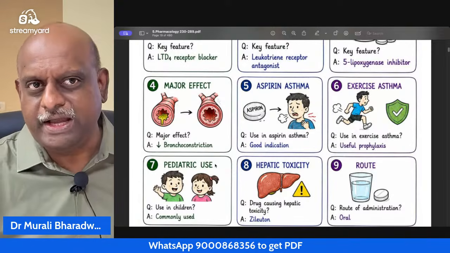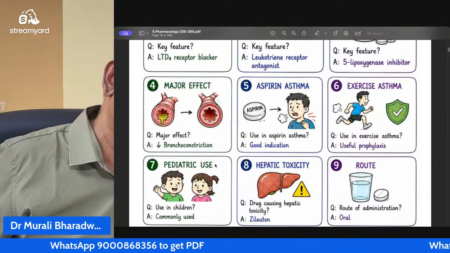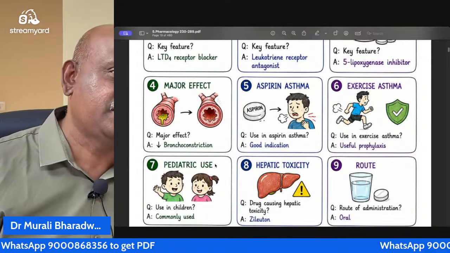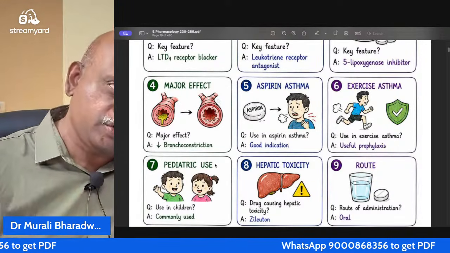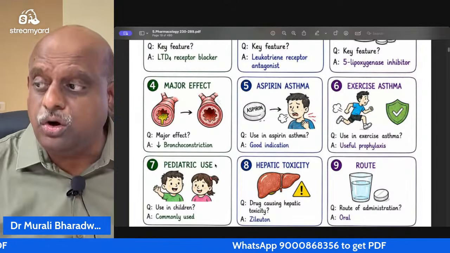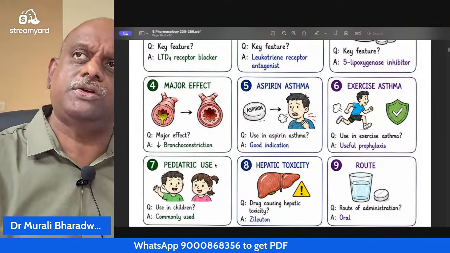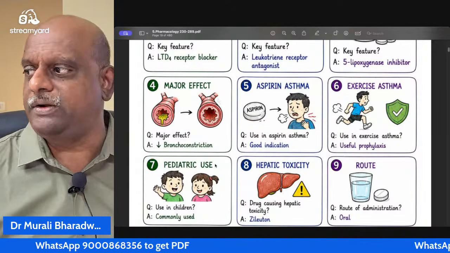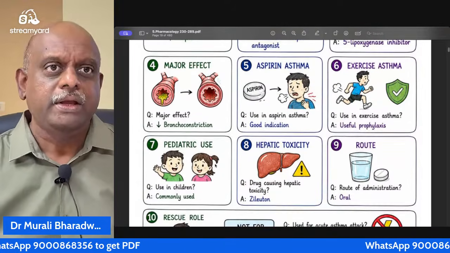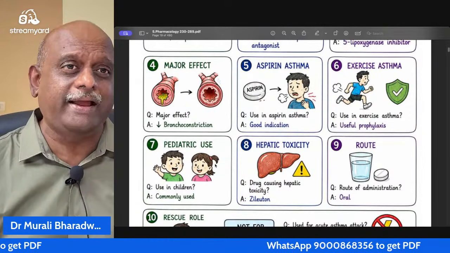So by inhibiting cyclooxygenase, aspirin is indirectly causing more lipoxygenase products. Two enzymes, cyclooxygenase and lipoxygenase. Lipoxygenase produces leukotrienes, so leukotrienes increase. That's the reason that in aspirin-induced asthma the best choice is a leukotriene antagonist, is what we need to remember. Similarly, exercise-induced asthma is also leukotriene mediated.